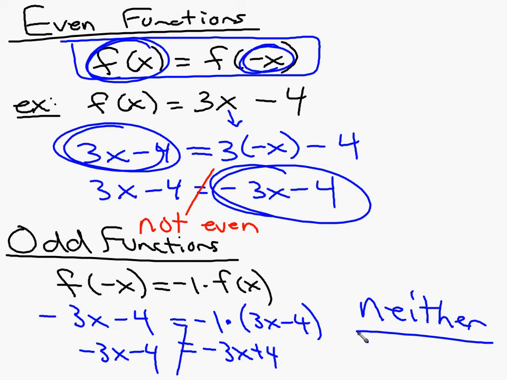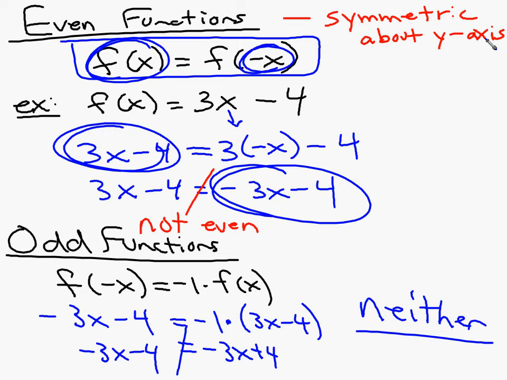All right? And let's say a couple other things about this while we're on this page. Even functions are symmetric. The reason this works is they are symmetric about the y-axis. They have perfect symmetry about the y-axis.